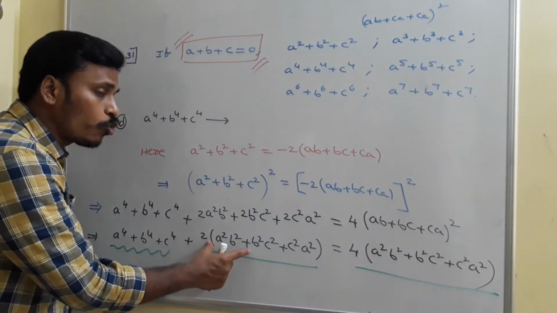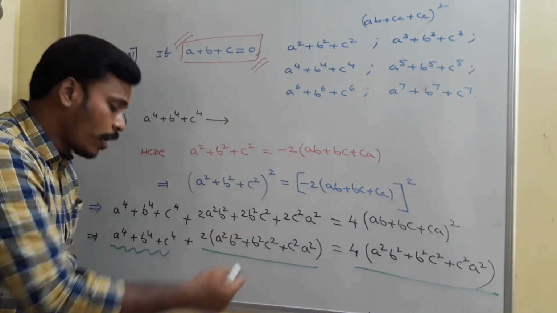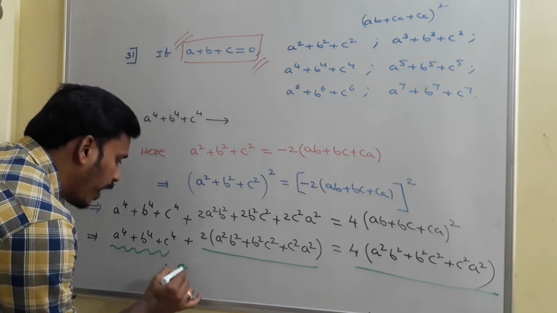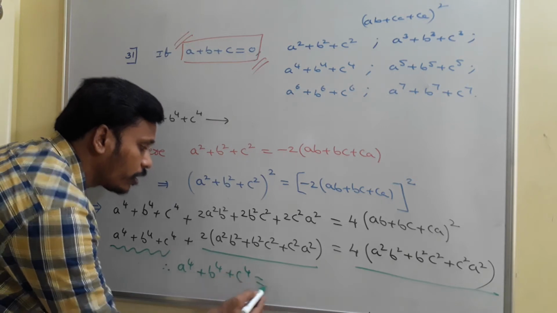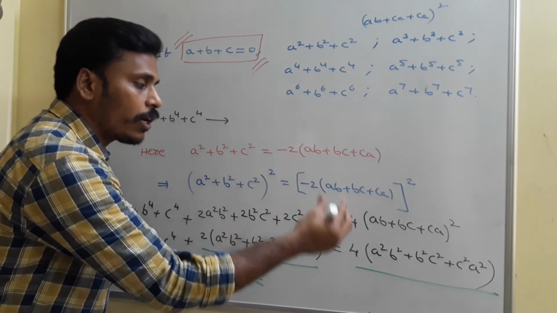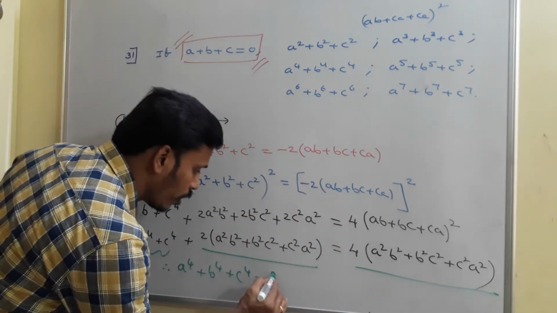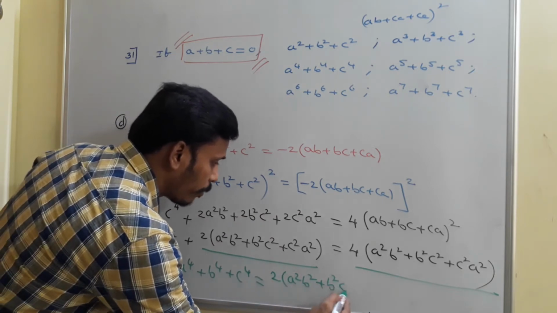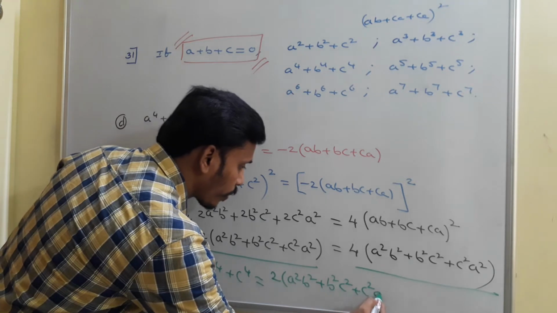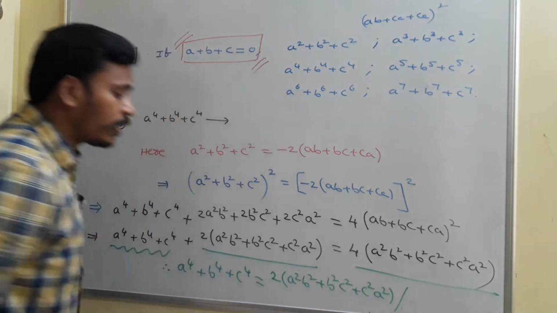So if you send 2 times of this item to that side, what will happen? Therefore at the end, a power 4 plus b power 4 plus c power 4 is equal to 4 times of that object minus 2 times of this, so 2 times of a square b square plus b square c square plus c square a square. Just have a look.